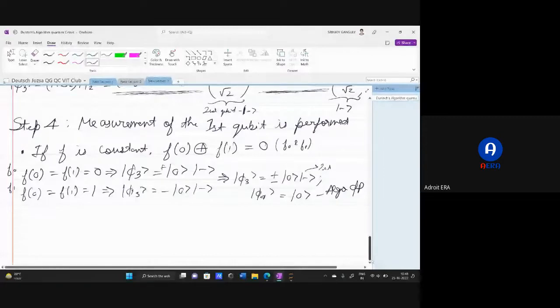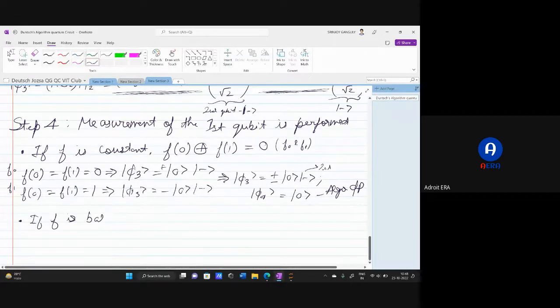A similar analysis can be done for balanced also, right? So if f is balanced, f of 0 XORed with f of 1 is equal to 1. This will be for which one? This will be for, remember, f2 and f3.